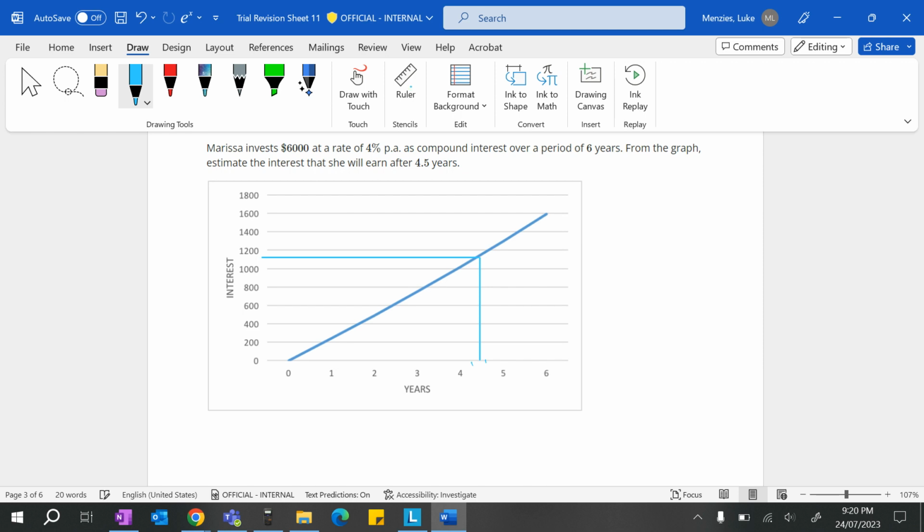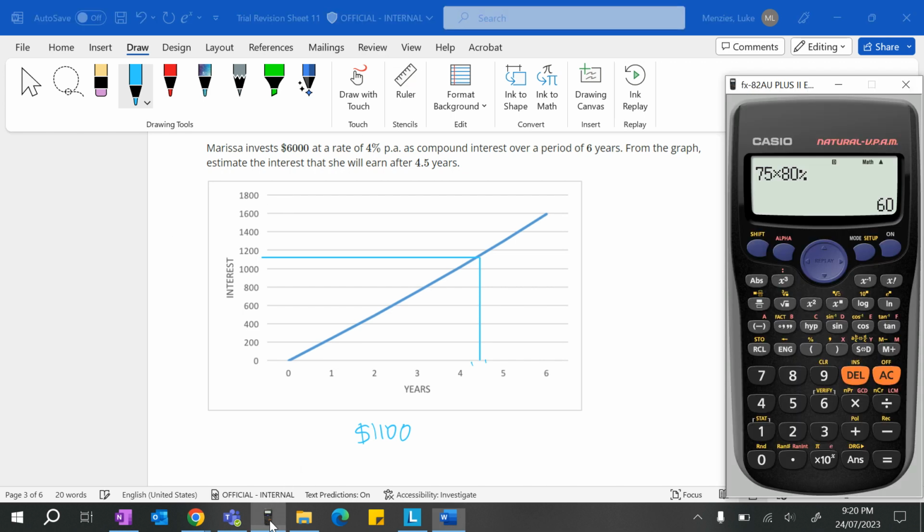So for me, I'm going to say 1,100. I think that was one of the options for the answer. When it says use the graph, use the graph. Don't try to work out the compound interest, because if you did it, it'd give you something very close.